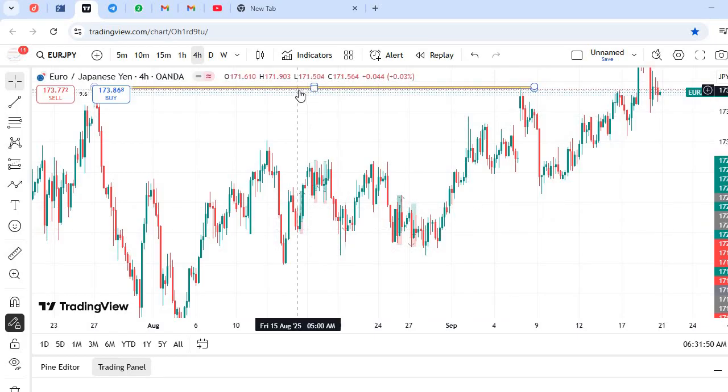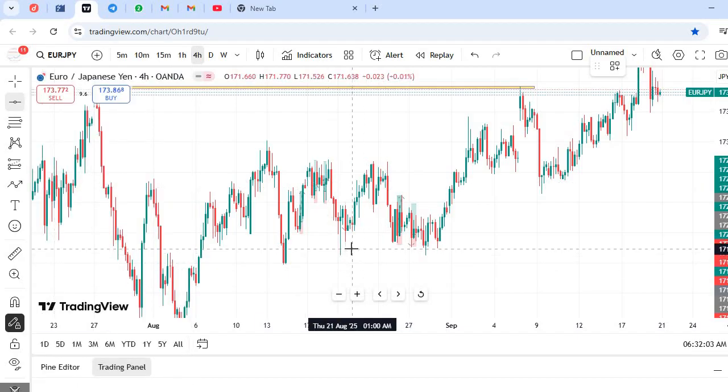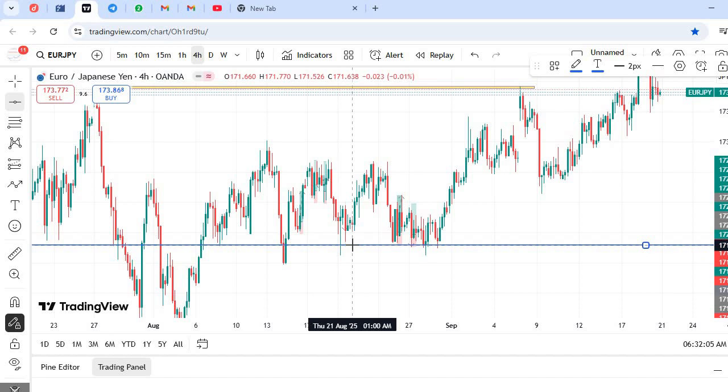Now if you look at what we have here, you will see that we are having a supply zone here, a demand rather.